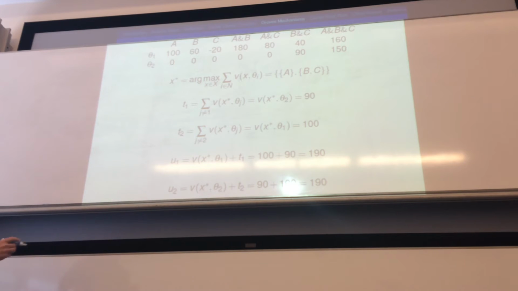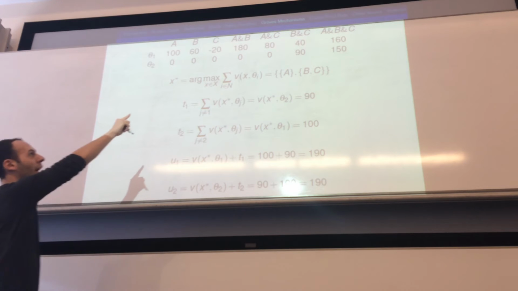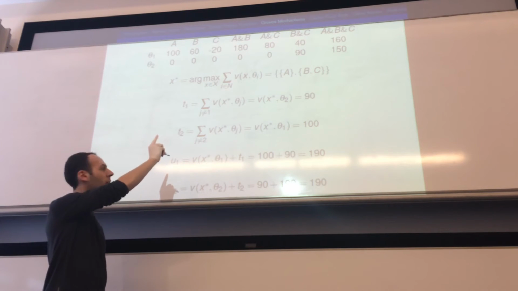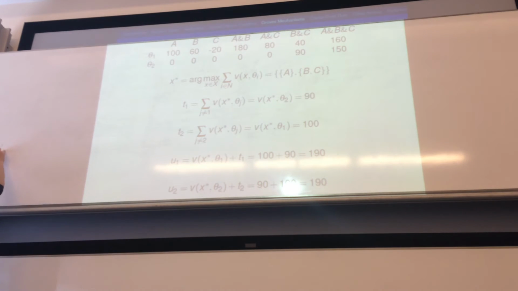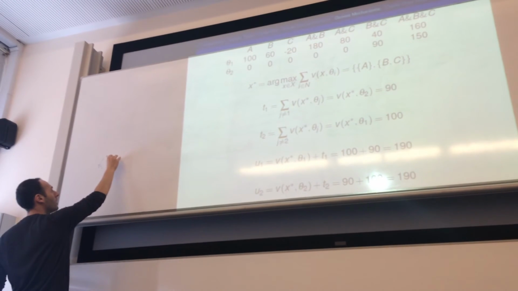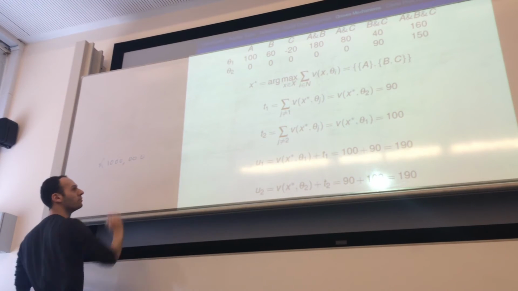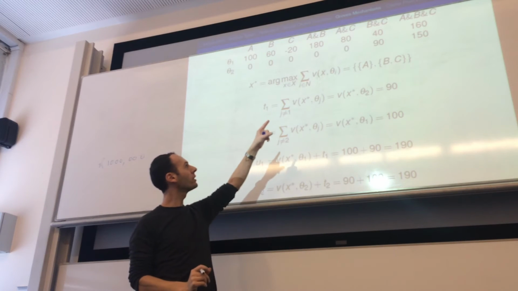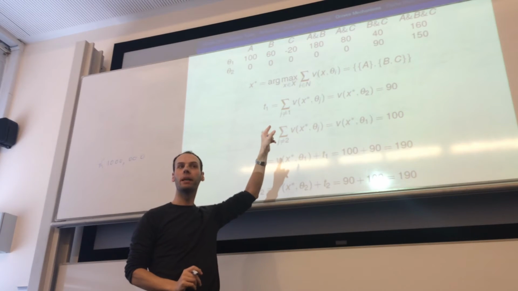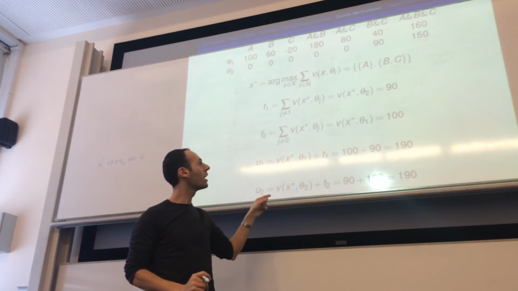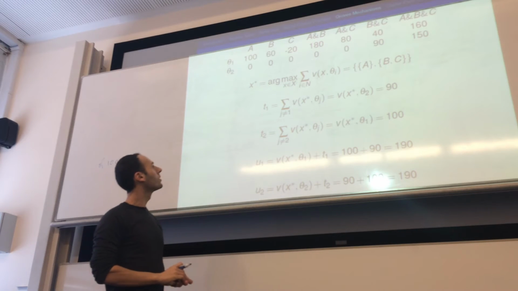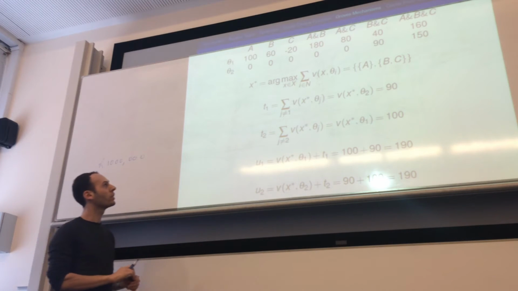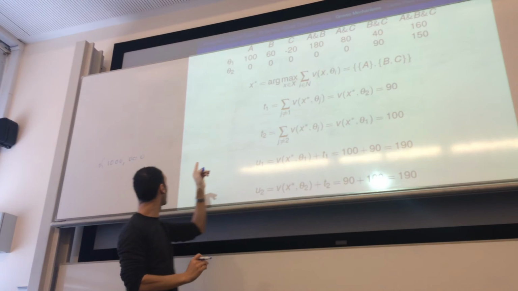So suppose agent 1 misreports his value for bundle A and B and reports 1 million, because he prefers to have bundle A and B. He's only getting A, he prefers A and B. Let's see what happens under this mechanism. What would be the transfers for agent 1 if it reports 1 million?